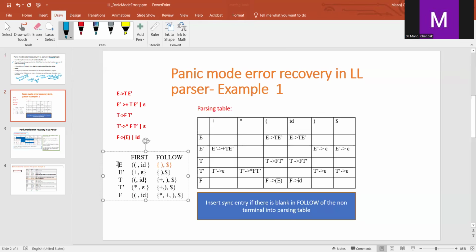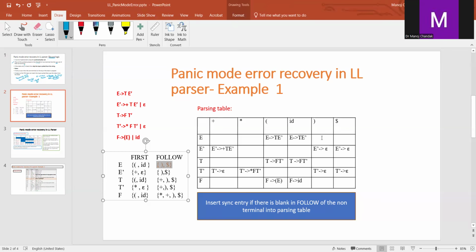We will take these non-terminals E, E dash, T, T dash, F, and take their follow sets. In the follow set of E, for example, it is closing bracket and dollar, so we write the keyword sync.